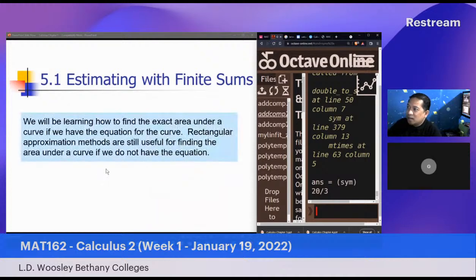We'll be learning how to find the exact area under the curve if we have the equation of the curve. Rectangular approximation methods are still useful in finding the area under the curve if we do not have the equation. Kung wala tayong equation, we could measure. Pero kung meron tayong equation, we could make use of our integration formula, katulad ng ginawa natin dito sa Octave.